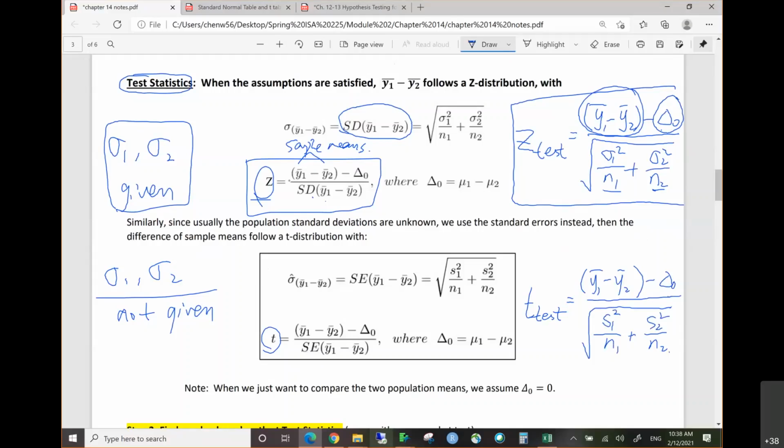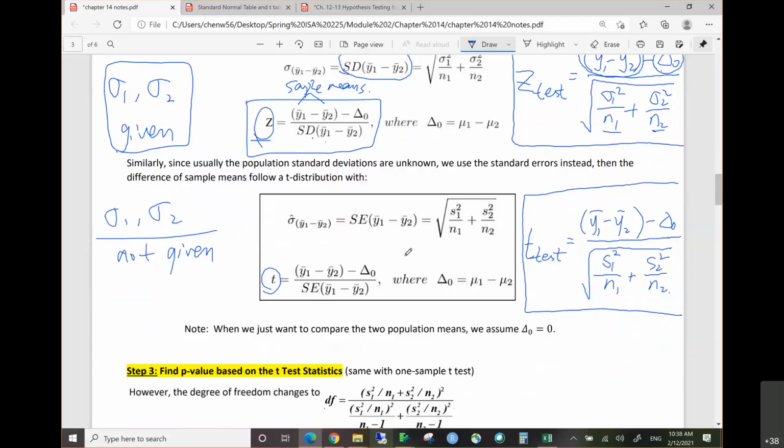All right, so that will be the t-test statistic when the population standard deviations are not given, or either of them is not given. Is that easy? So it's just a modified format of our chapter 12 hypothesis testing, right?